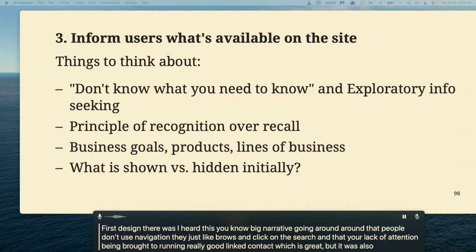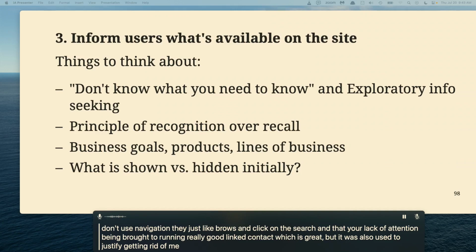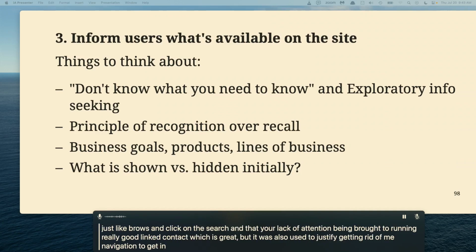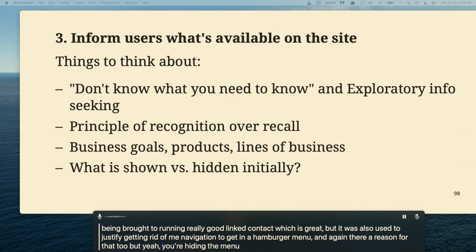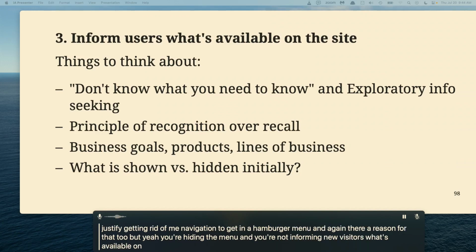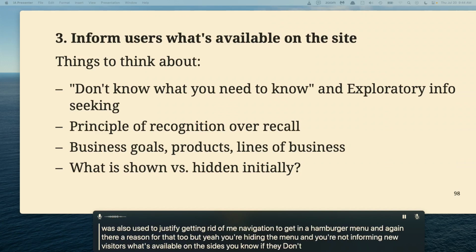But it was also used to justify getting rid of main navigation or hiding it in a hamburger menu. And again, there are reasons for that too. But if you're hiding the menu, you're not informing new visitors what's available on the site, if they don't look at them.